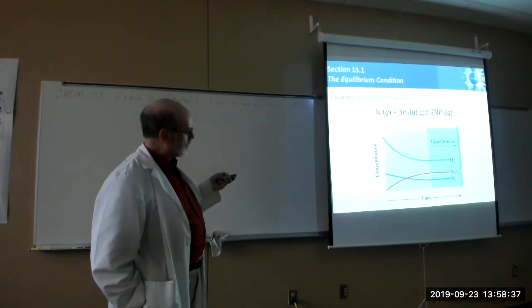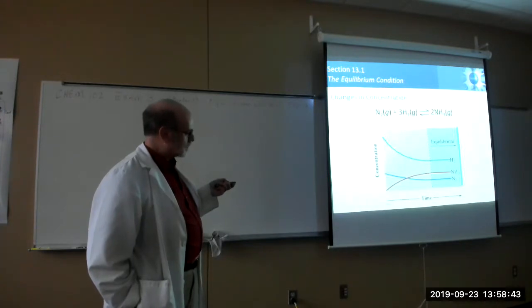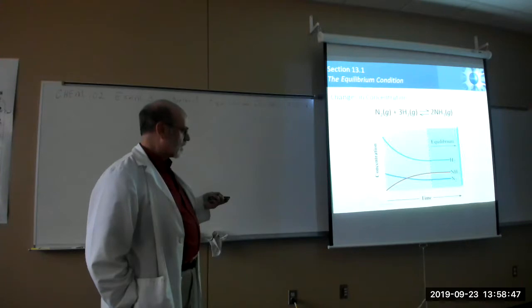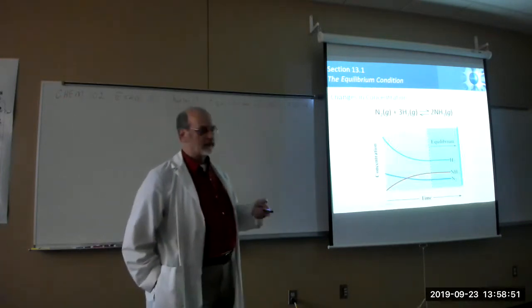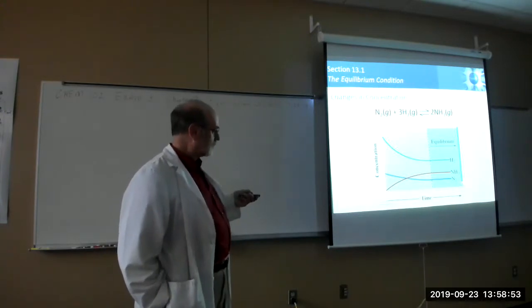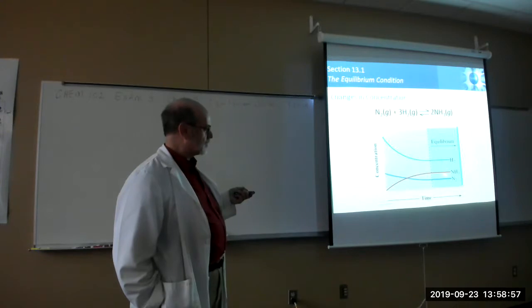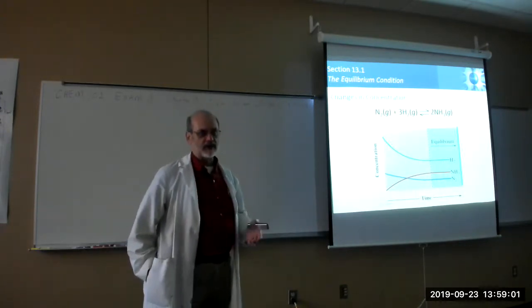But we have 3 moles of hydrogen at the beginning. So over time, both the hydrogen and the nitrogen decrease in concentration, and the concentration of ammonia increases until we reach a certain point of time when the concentrations of all 3 of these appear to be constant, unchanging.